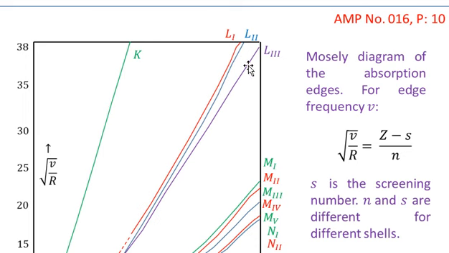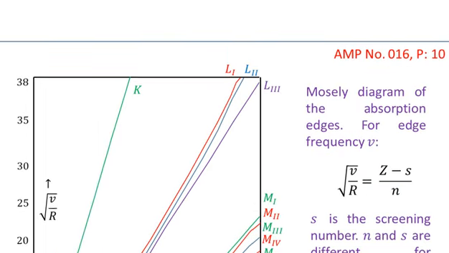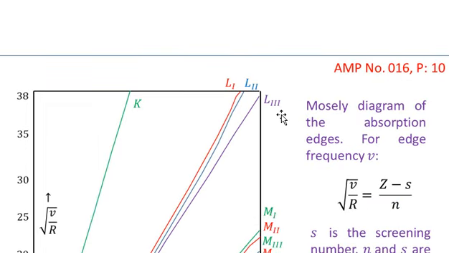These lines have reached their edges, because the value of the nuclear charge Z is maximum at these values. Corresponding to these edges, the wavelength will be minimum.